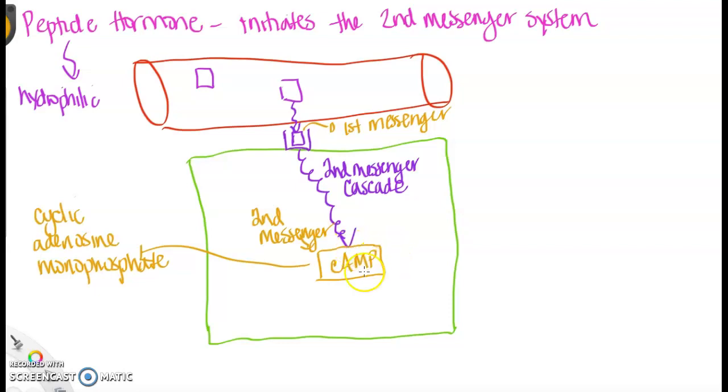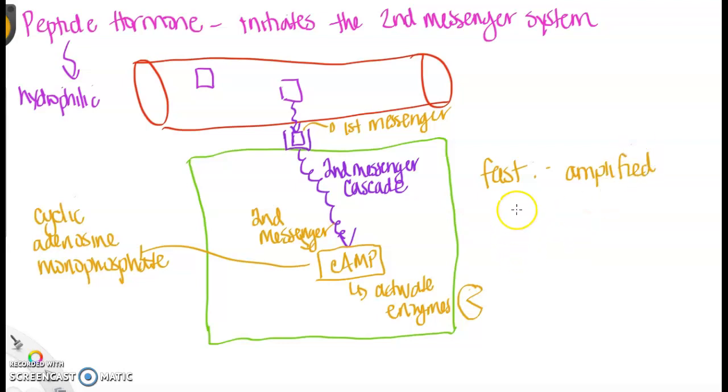So this second messenger can do lots of things. But with this hormone, basically what will happen is it will activate enzymes. And it can activate a ton of enzymes, which can cause lots of things to occur within the target cell. So this mechanism is pretty fast. It's fast and it can be amplified.